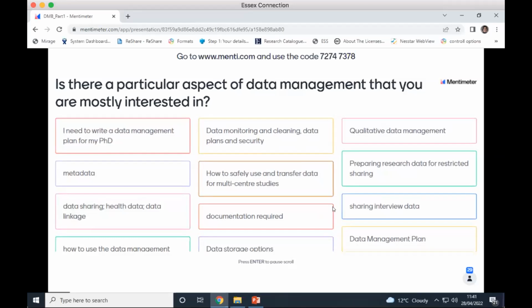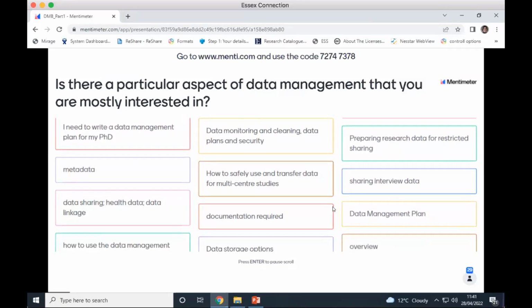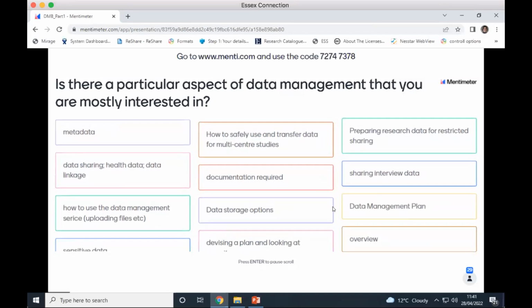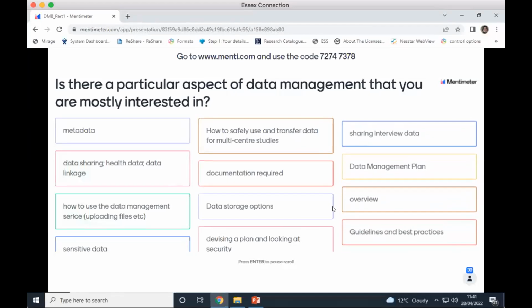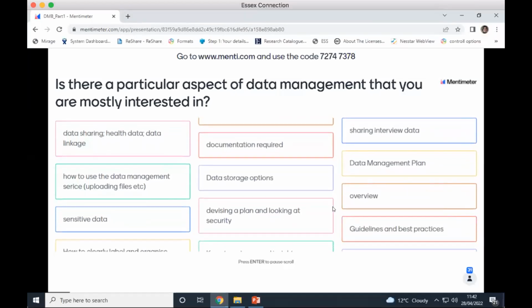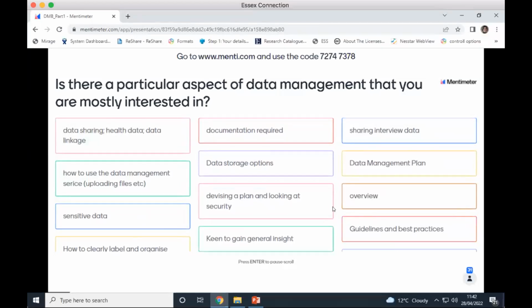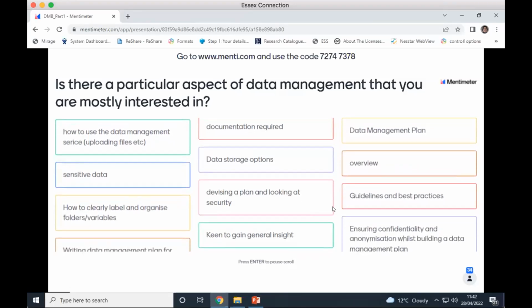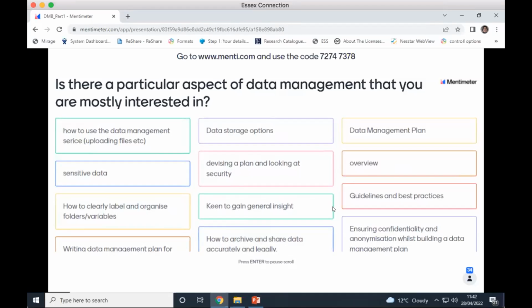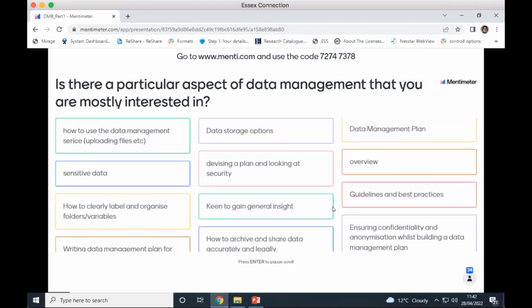Sharing interview data, okay, data management plan again, documentation required, sensitive data, guidelines and best practices, okay, how to clearly label and organize, guidelines and best practices, ensuring confidentiality and anonymization while building a data management plan.